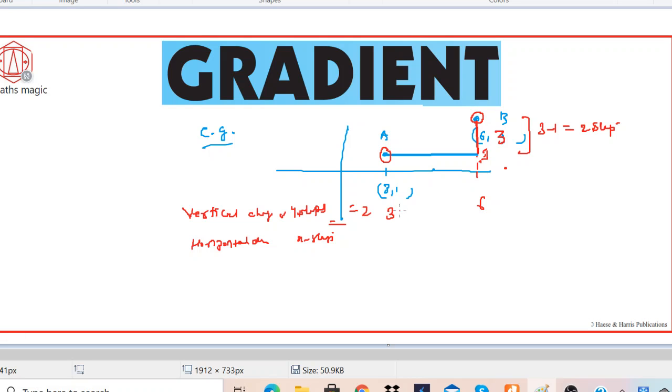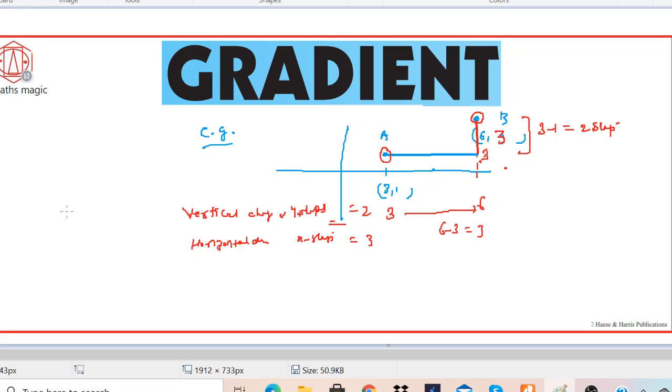So you are moving from 3 to 6. It's 6 minus 3, which is 3. So you're moving 3 steps in the horizontal direction, or x steps. So we got vertical change as 2 and horizontal change as 3.